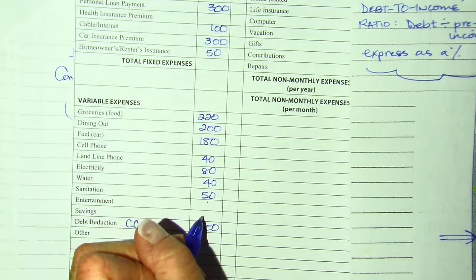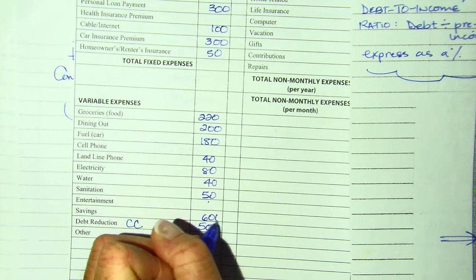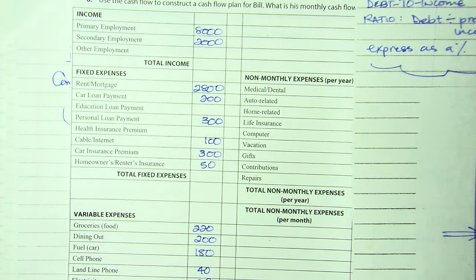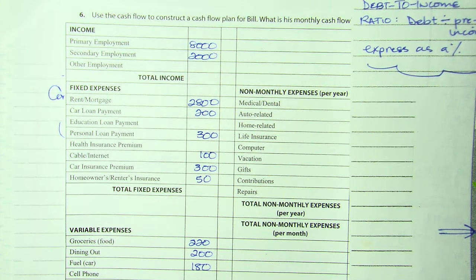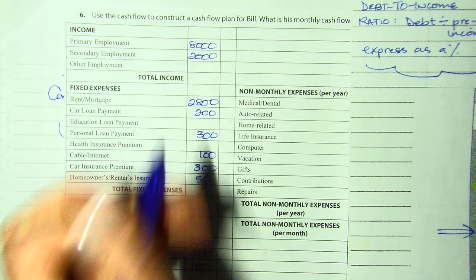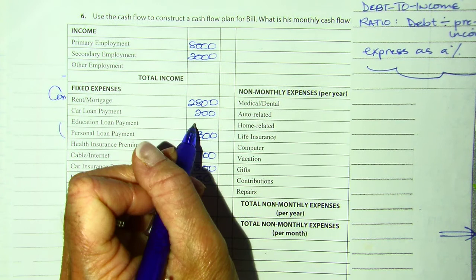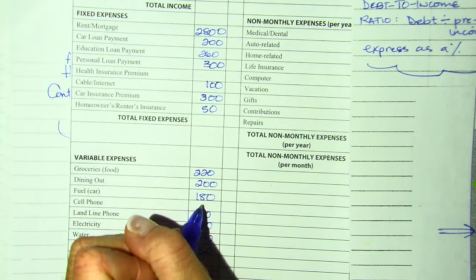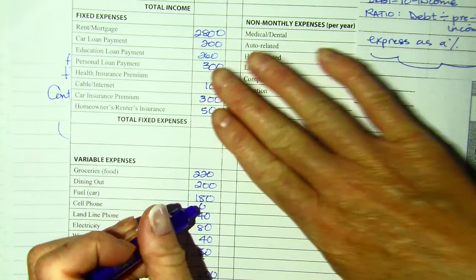He has savings of $600. He has a college loan right here for $260. He has a cell phone for $90.